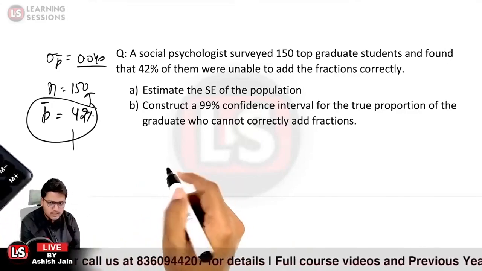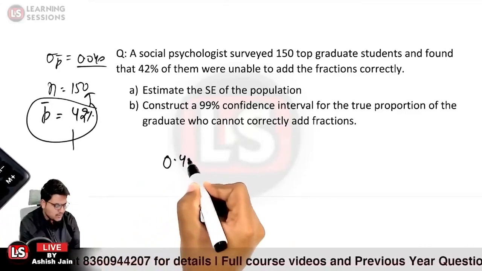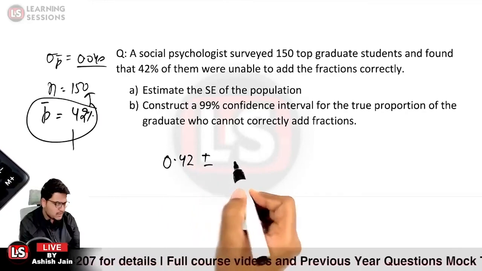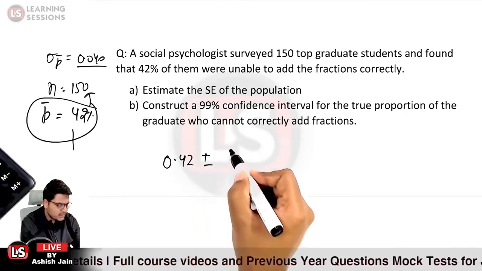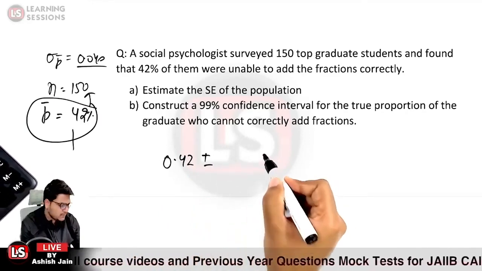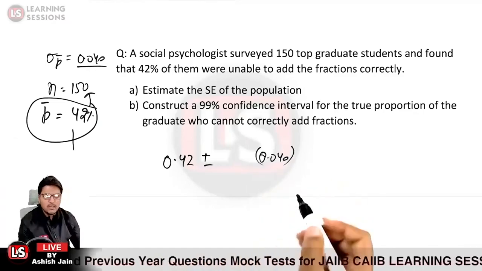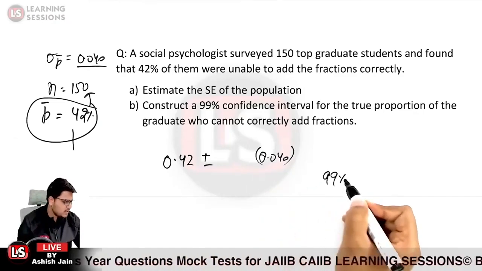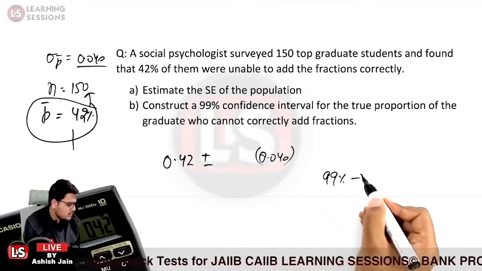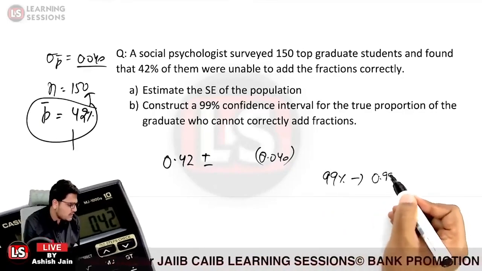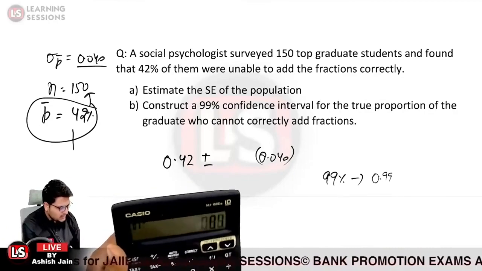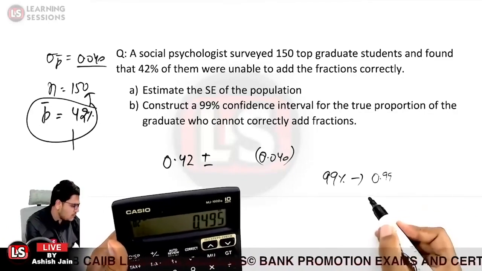So our interval would be 0.42 plus minus the confidence level value multiplied by 0.040. Now the confidence level is 99%. Converting into decimal, it is 0.99, and 0.99 divided by 2 is 0.495.